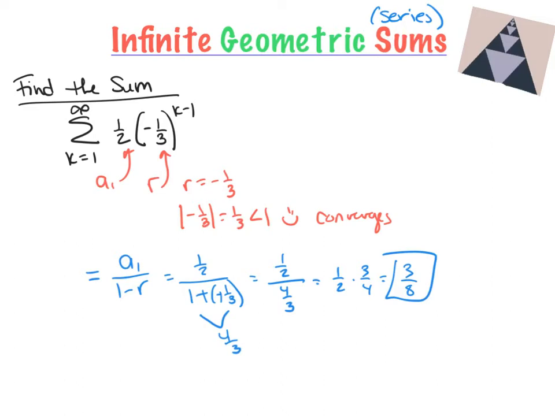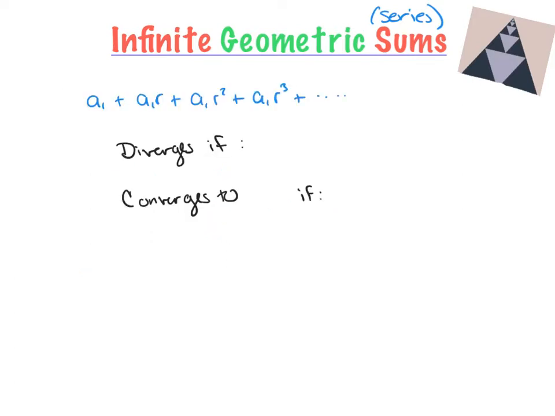Cool. So let's really quickly summarize what we have. Going back to the series that we had on the very first page of this, a1 plus a1 times r plus a1 times r squared plus a1 times r cubed and so on. This infinite geometric series diverges if the absolute value of r is bigger than 1.